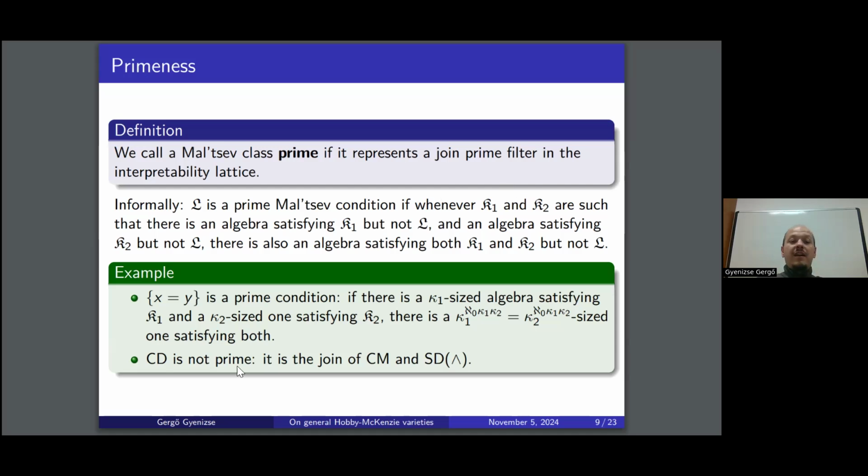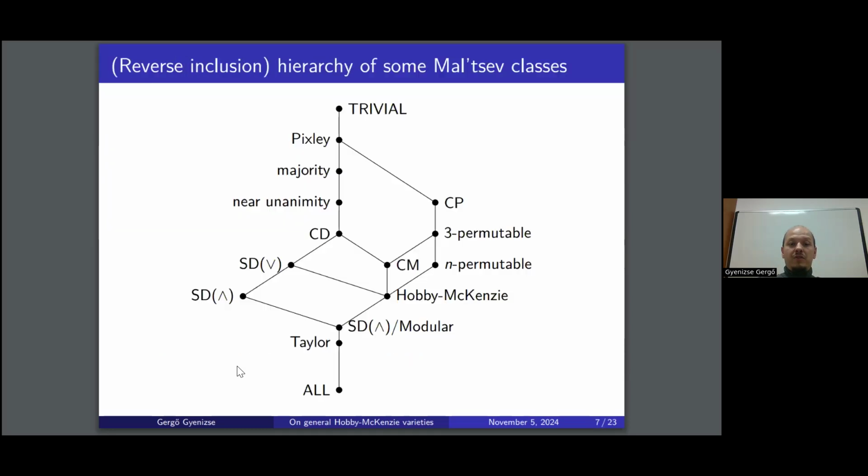On the other hand, it's quite easy to see that congruence distributivity is not a prime condition. So look at this figure. CD is here. Congruence modularity is here, and let's say congruence meet semi-distributivity here.